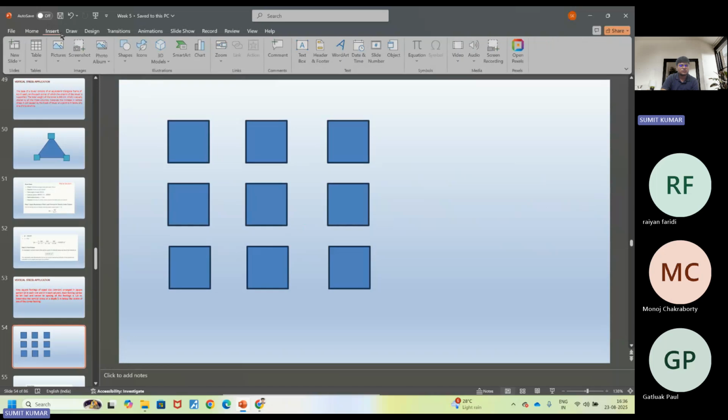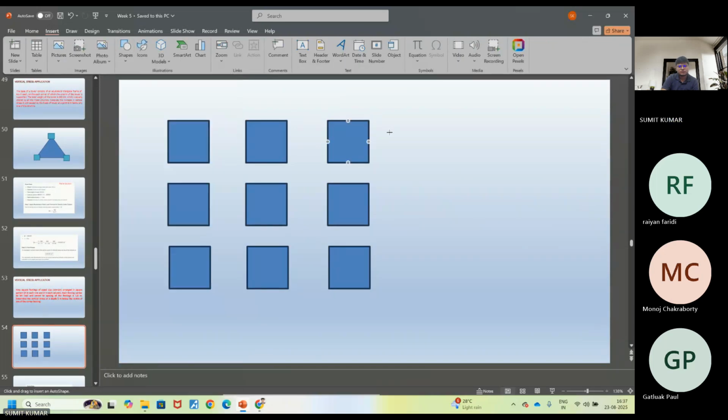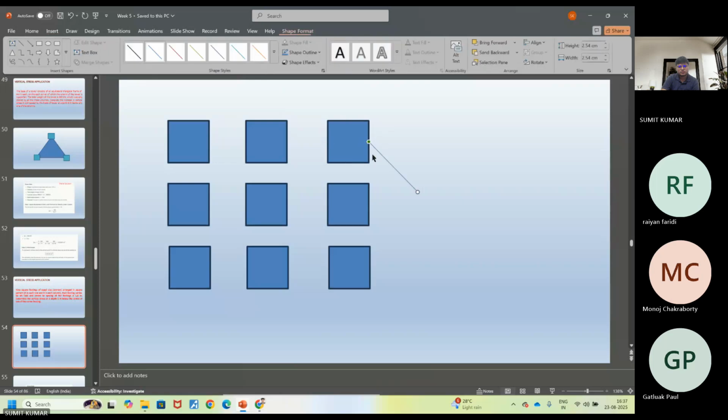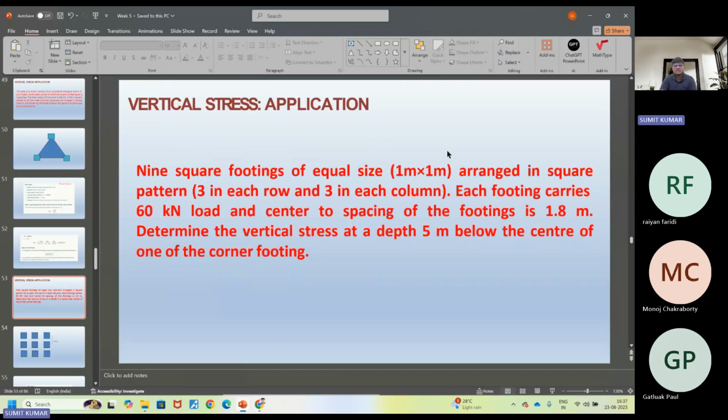So this is 1.8 meter, right? So this is the thing already mentioned in the problem. Okay, so this much is mentioned in the problem.